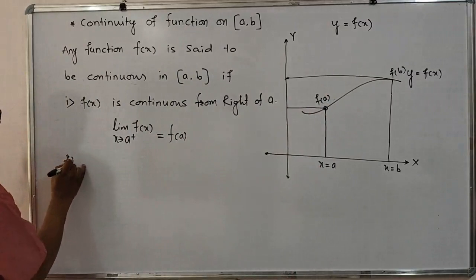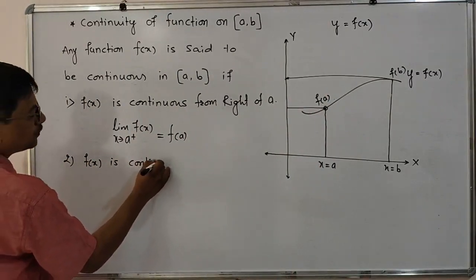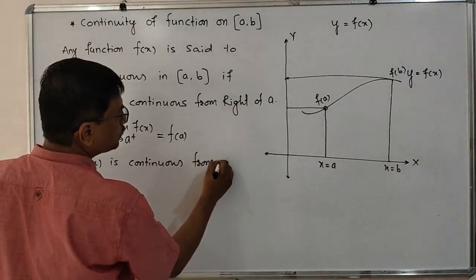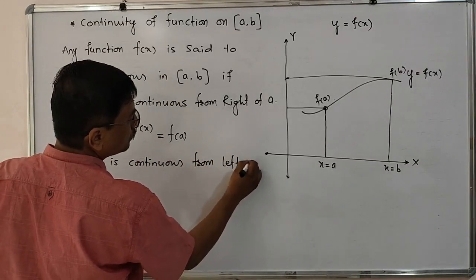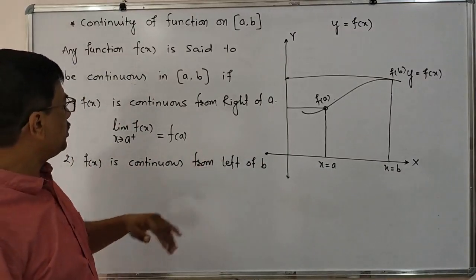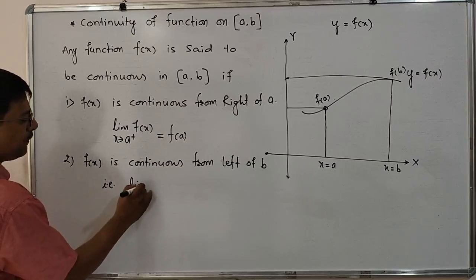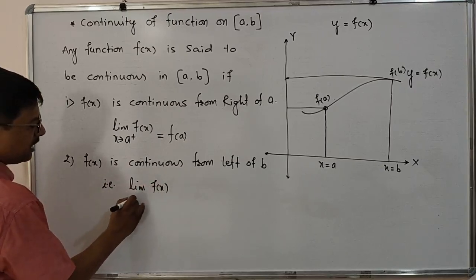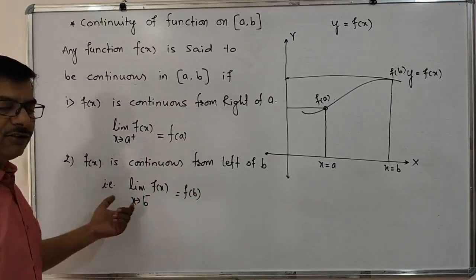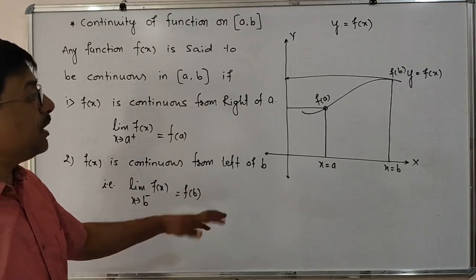Now second, f of x is continuous from the left of b. It means limit of f of x as x tends to b minus must be equal to f of b. Means the left hand limit at x is equal to b must be equal to f of b.